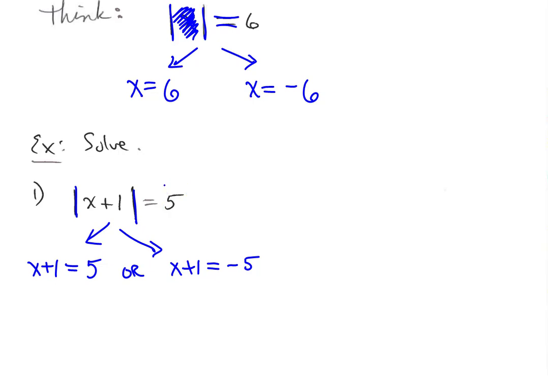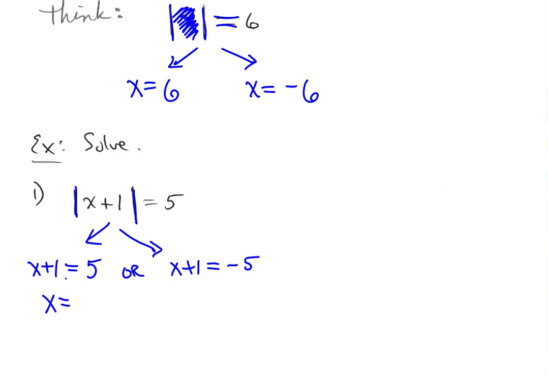Now, given that those two different options could be what's inside the absolute value, we can simply rewrite two simpler looking equations. So x plus 1 equals 5, or x plus 1 equals negative 5. Of course, the x plus 1 is what's inside the absolute value at the beginning here. But that gives us two much simpler equations to solve, and we should solve both of them.